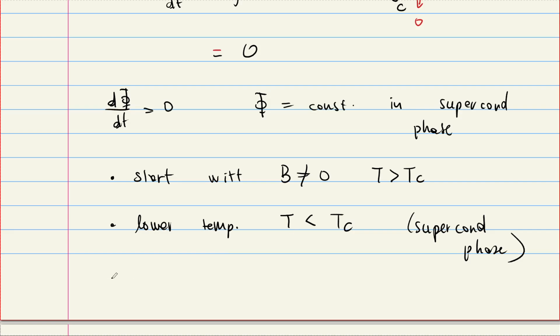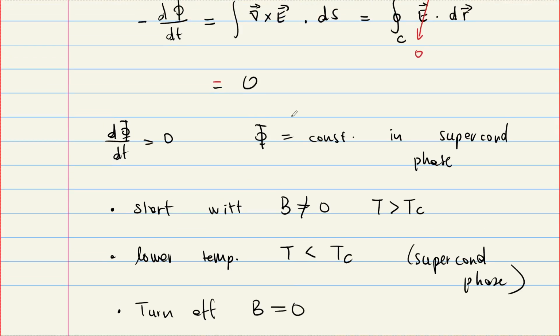And now turn off B, set B equal to 0. And we know that the flux needs to be constant, because that's what we showed. If you turn off B, the superconductor should generate its own B so that it can maintain the flux.